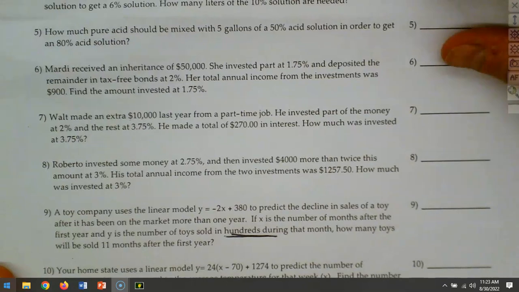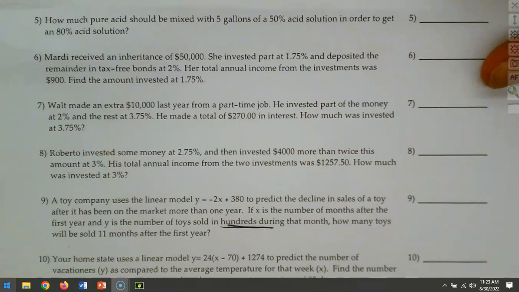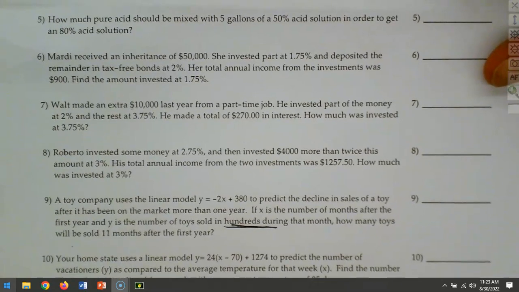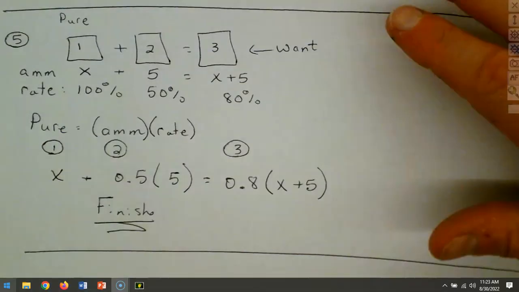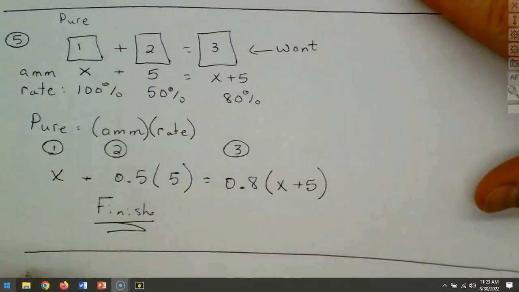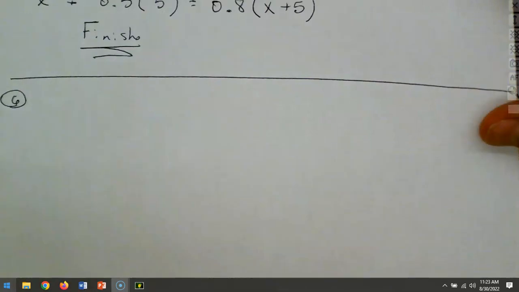Marty received an inheritance of $50,000. She invested part of it at 1.75 and the rest at 2%. So how would we set this one up? Well, instead of containers, we're going to use dollar signs.